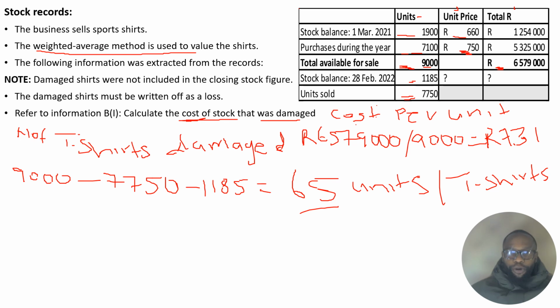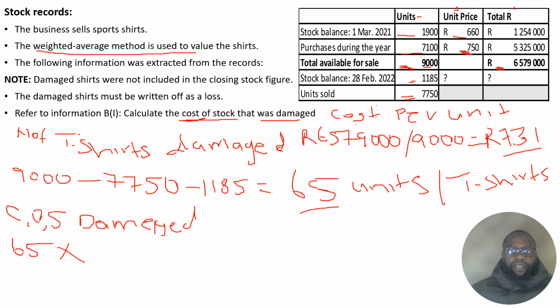Then we can calculate our cost of stock damaged. I'm going to use an abbreviation because this case keeps saying damaged. We said there are 65 t-shirts, and the cost per unit is 731, so we multiply 731 by 65. Your cost is 47,515.